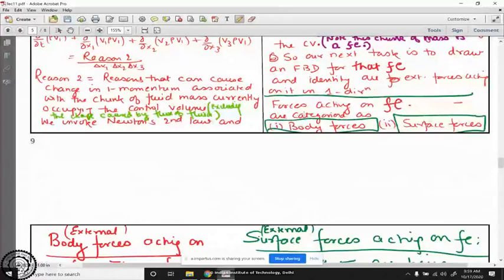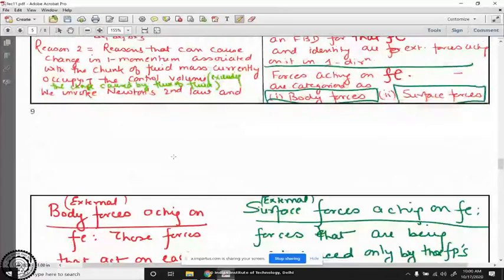So yes, one fluid particle inside this fluid element itself may be exerting viscous forces on another fluid particle. But this segregation, these definitions we are making, are only for those forces which are external to the entire fluid element.